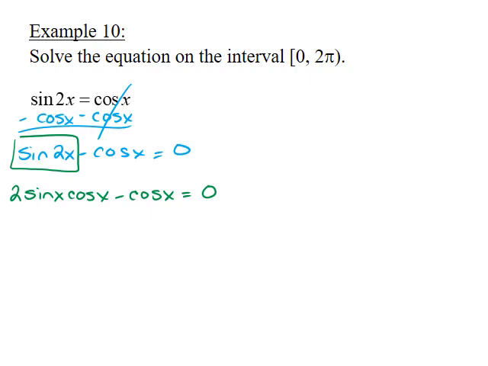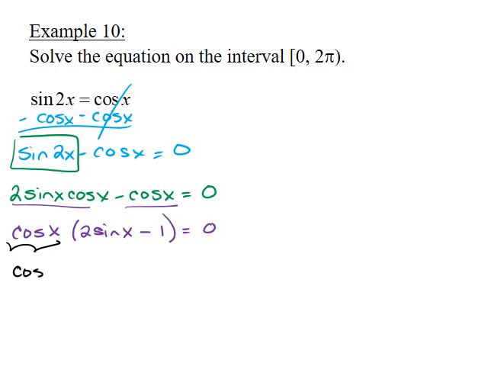Now looking at this, I still have two different trig functions, but I notice that in each of these two terms, I have a cosine, so I can factor out a GCF of cosine. And when I do, this makes it much easier to solve because there's one trig function here to solve and one here to solve.